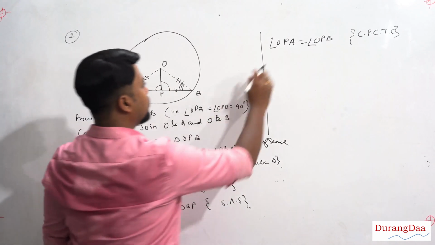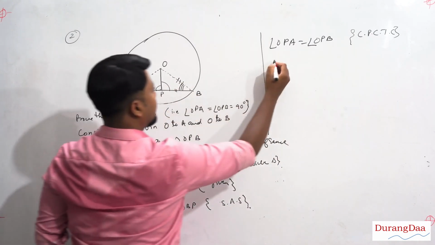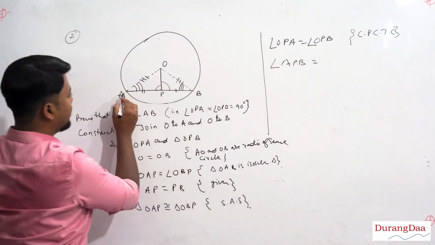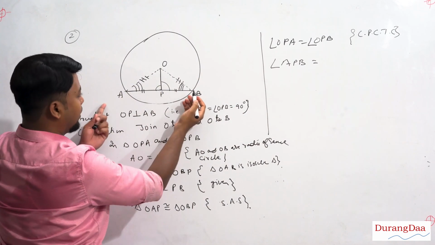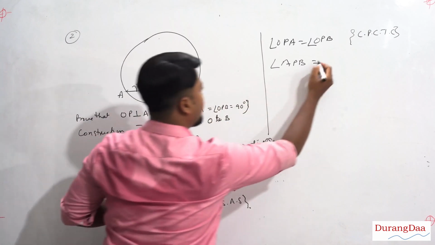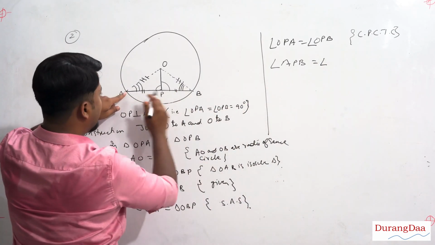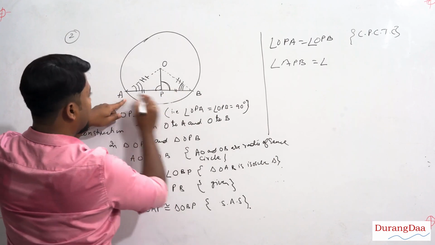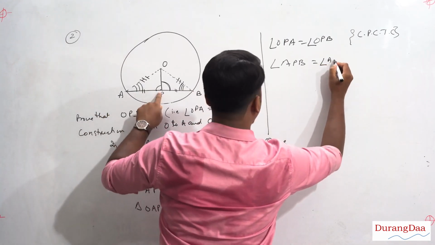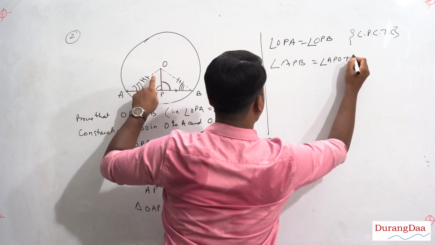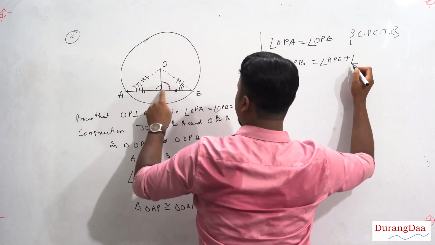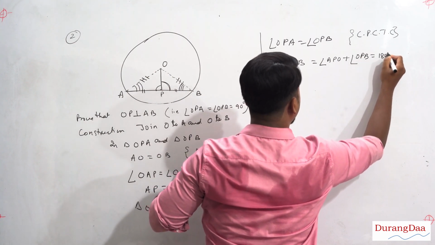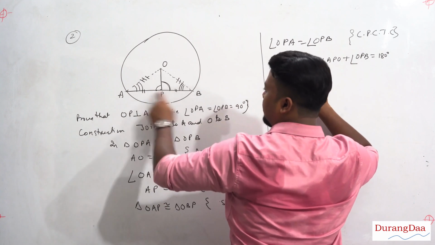All right. So once this is done, value of angle APB, all right, APB, it is a straight line, so we can also write it in other way. APB is actually sum of two angles, this angle plus this angle, mention it there, angle APO plus angle OPB, it should be equal to 180 degrees because angle APB is a straight line.